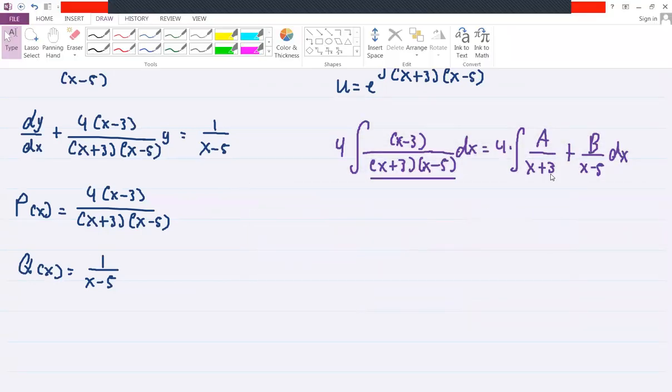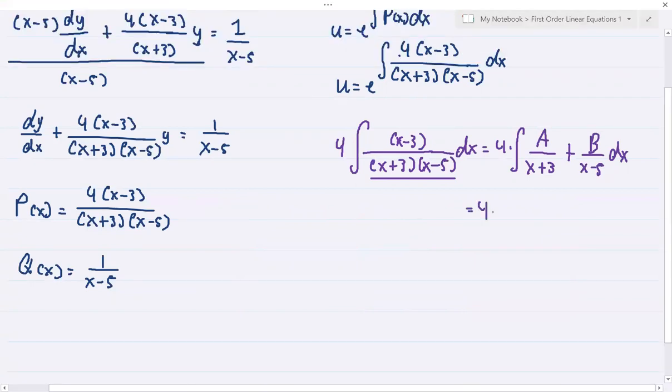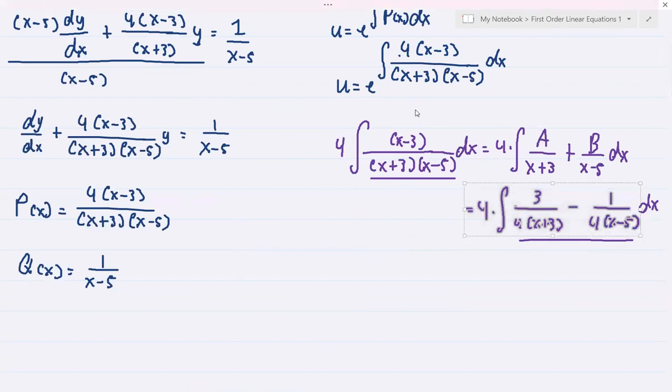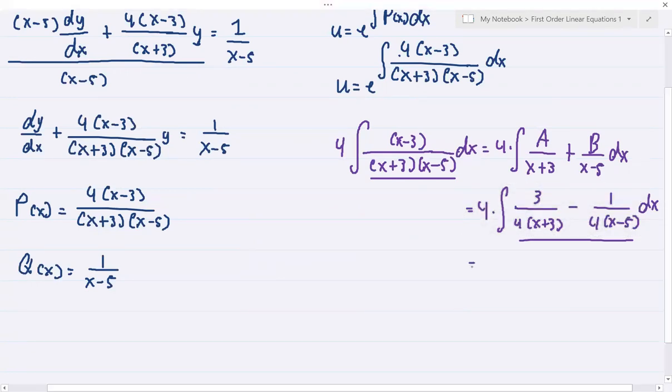So therefore, you will have 4 times the integral of this one. Now let's find the integral for this. First and foremost, I can factor out this expression by 1/4.